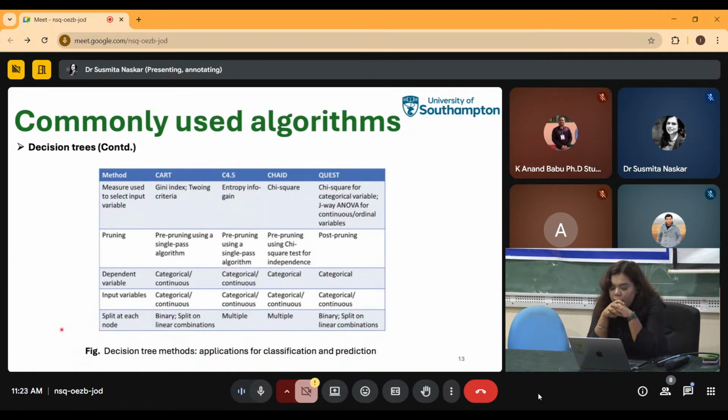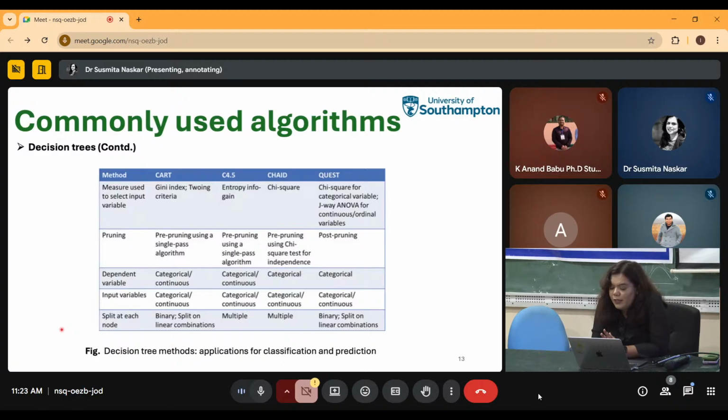Now this is a very nice diagram where you can see how the decision tree methods are applied for different classification and prediction tasks. I have tried to divide them into some major decision trees, and we will see where each one works.